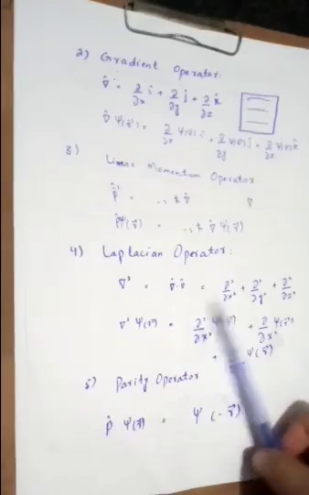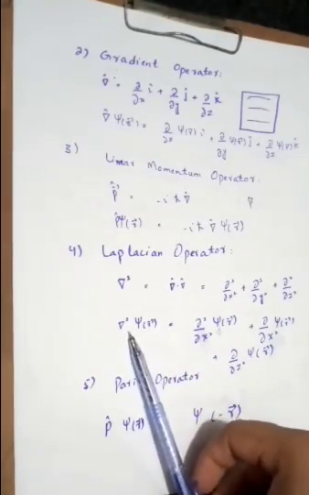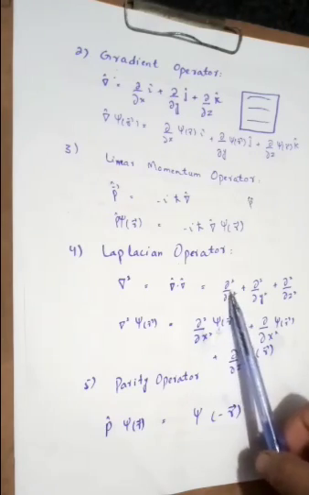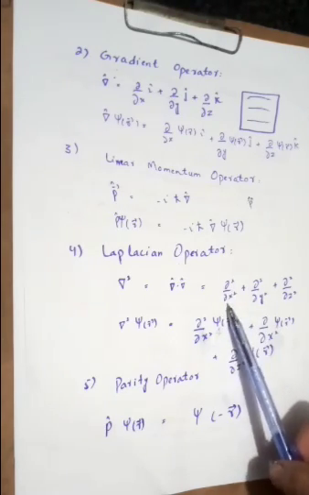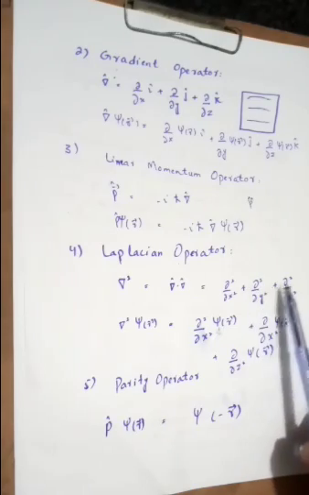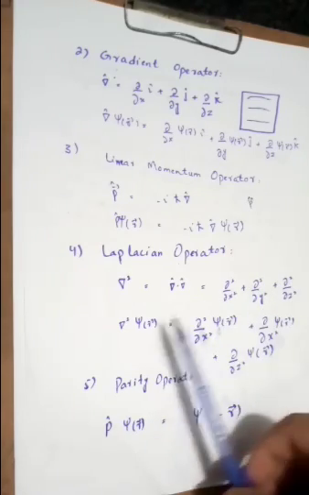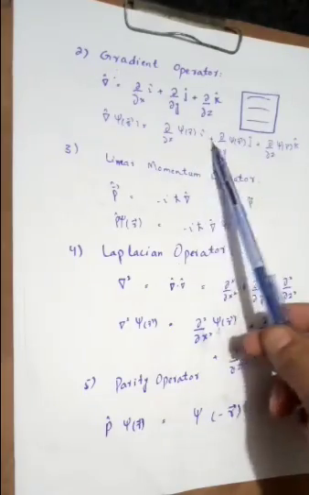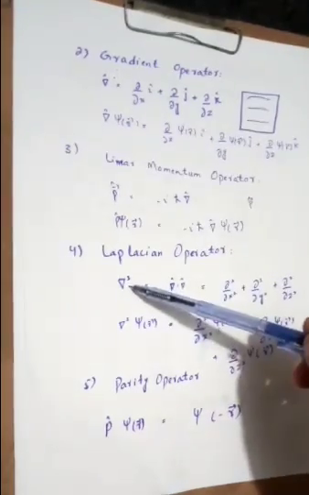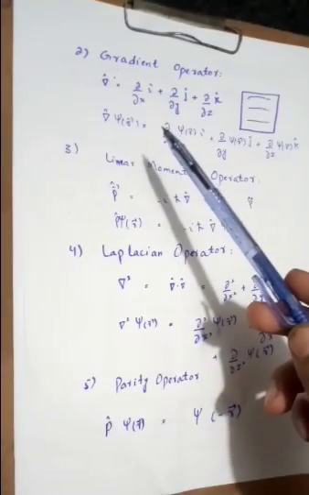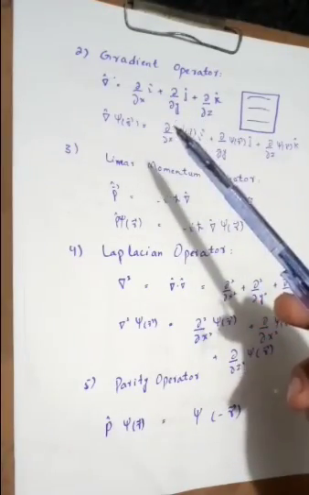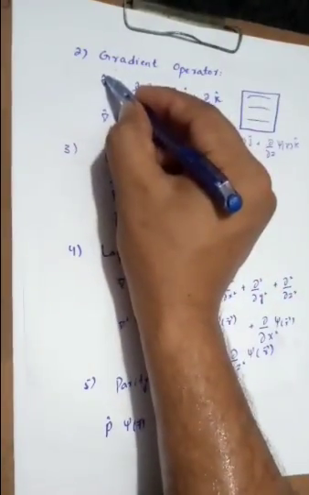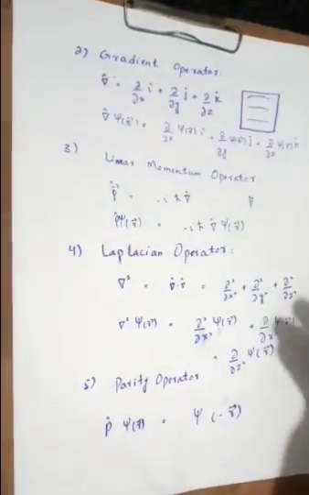And how does it operate? It is equal to the square of each differential: partial square partial x square plus partial square partial y square plus partial square partial z square. And how does it operate? Just like the differential operator, the Laplacian operator is just the gradient operator applied one more time.